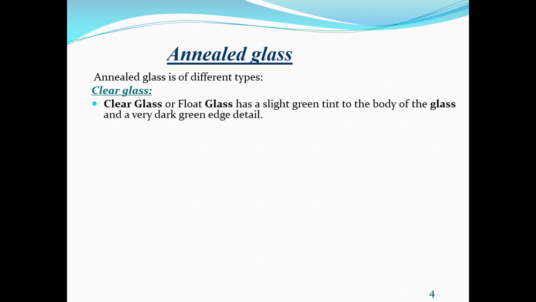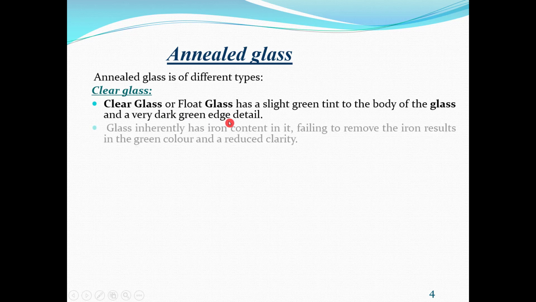So the first one is the annealed glass. The annealed glass is of different types. It includes the clear glass. By definition, clear glass or float glass has a slightly green tint to the body of the glass and a very dark green edge detail.